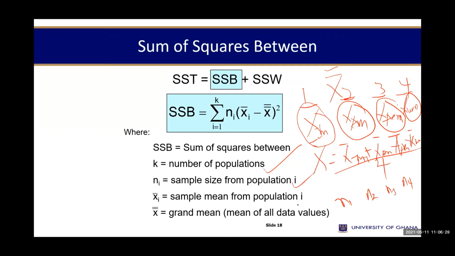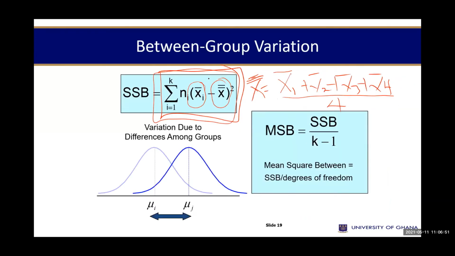That defines this. Remember, it's a summation. So I'm multiplying each sample size by the squared difference between the sample mean and the grand mean for each population. Add all of them. That will give you my sum of squares between groups.